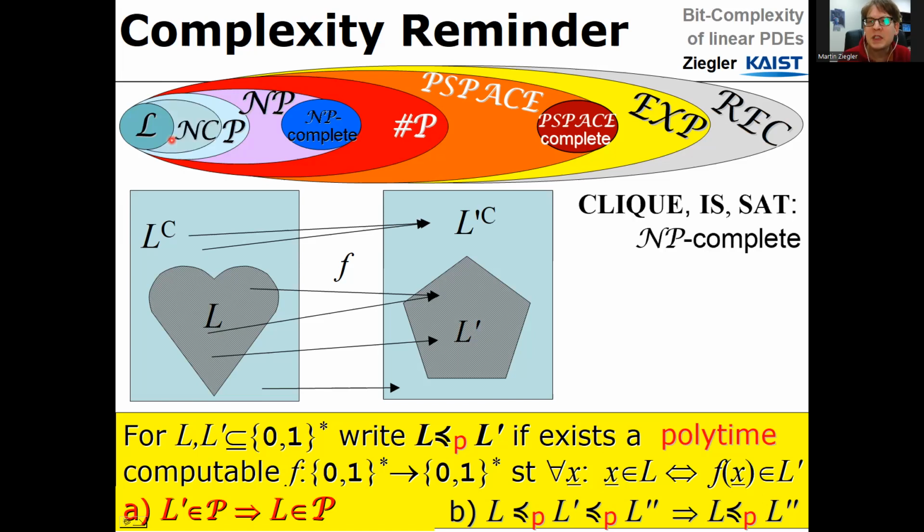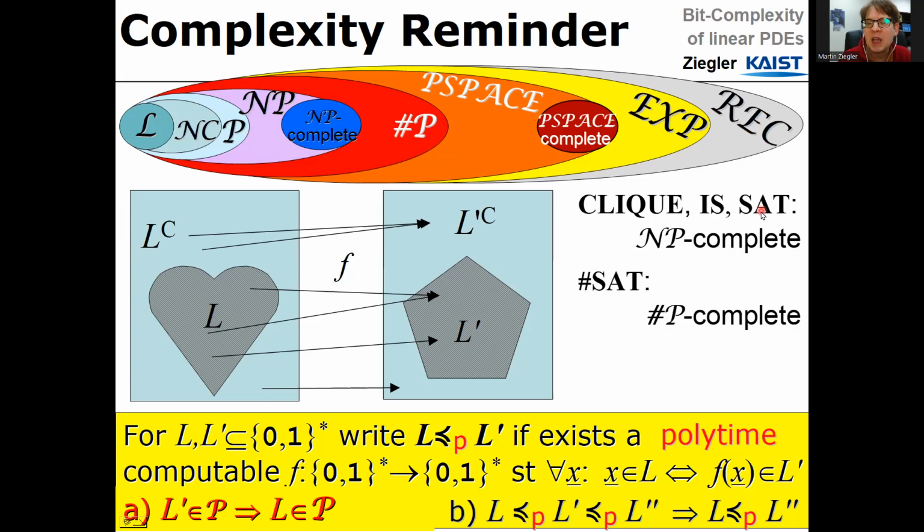So some example decision problems in this class NP-complete are the clique and the independent set problem that I mentioned before, or the Boolean satisfiability problem from the Cook-Levin theorem. Some problem that is complete for this larger class #P is the counting problem of counting how many satisfying assignments a given Boolean formula has.